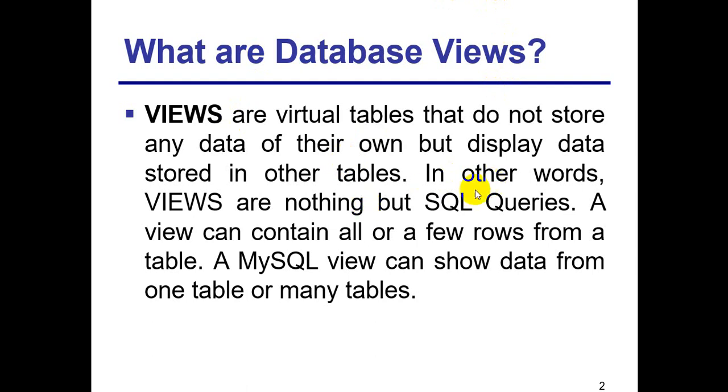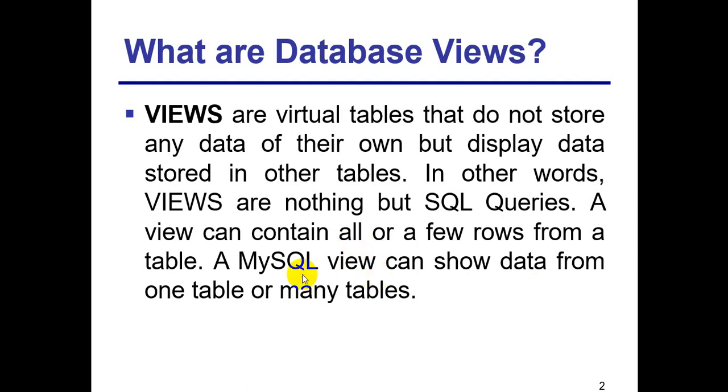In other words, views are nothing but SQL queries. A view can contain all or a few of the rows from a table, or a few of the columns from the table, as per your requirement.